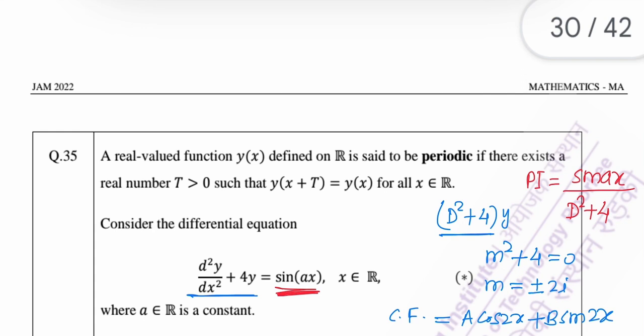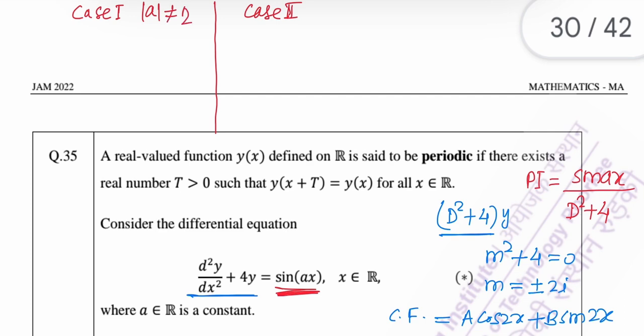Now there will be two cases: case 1 and case 2. In case 1 we take mod a is not equal to 2.